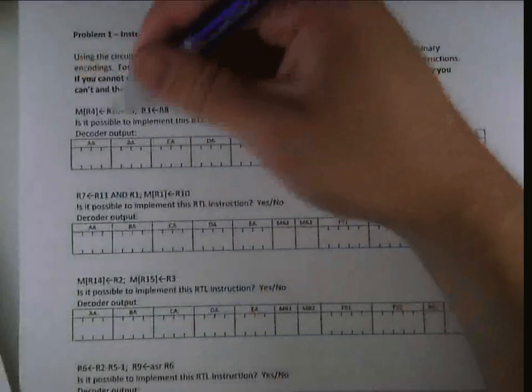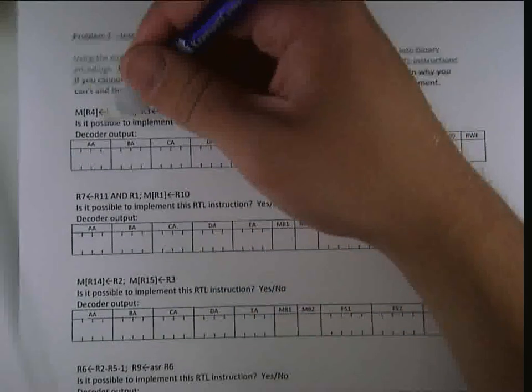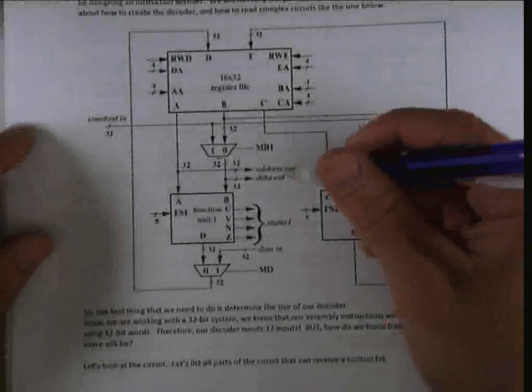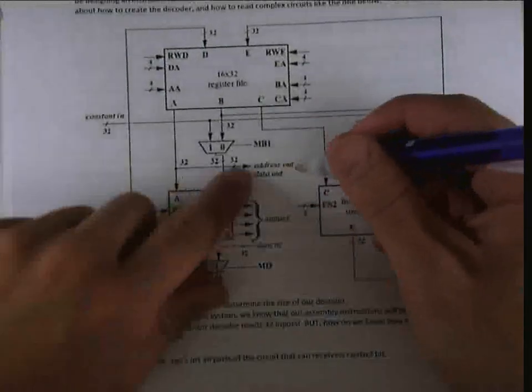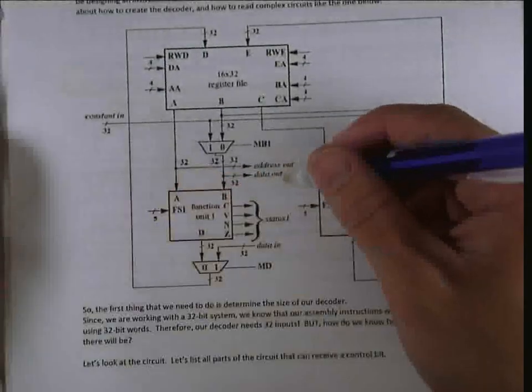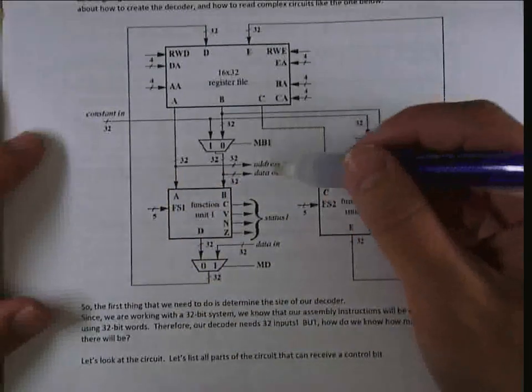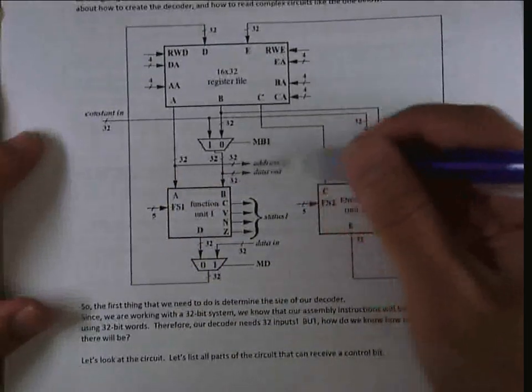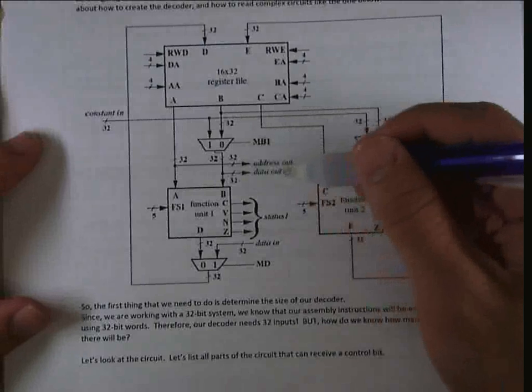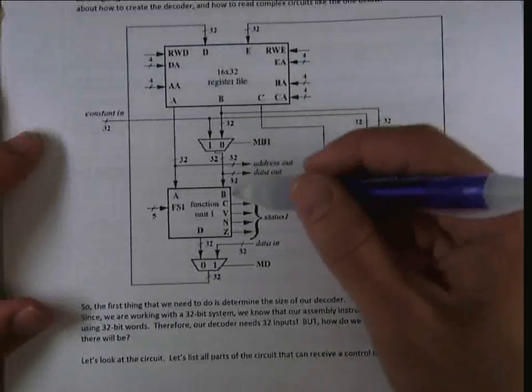So here I notice I'm doing an addition and storing this into memory. And so my memory controls are here. Here's the address and here's the data out. And the question is, can I put a function of two registers onto this data out line? This is the first question we have to answer.